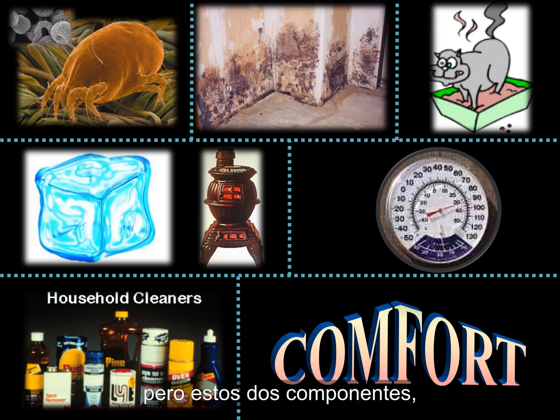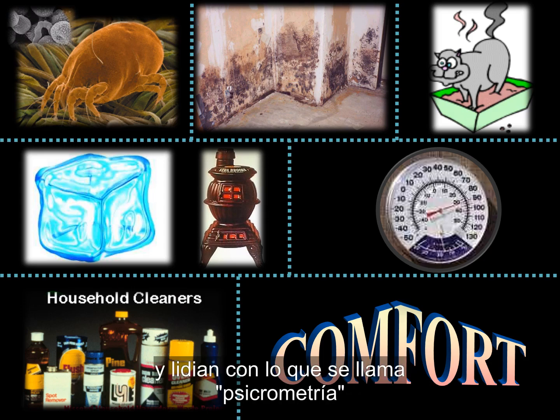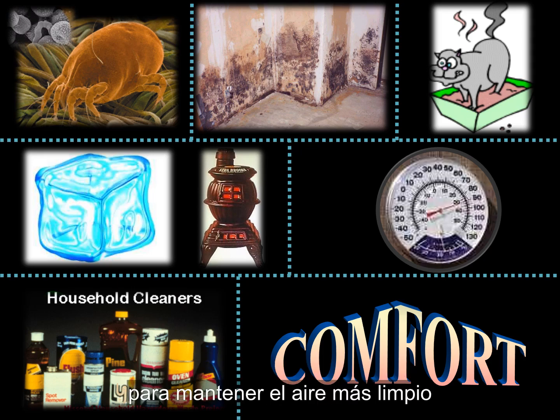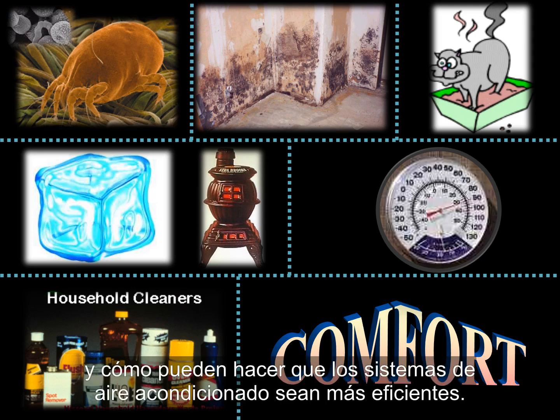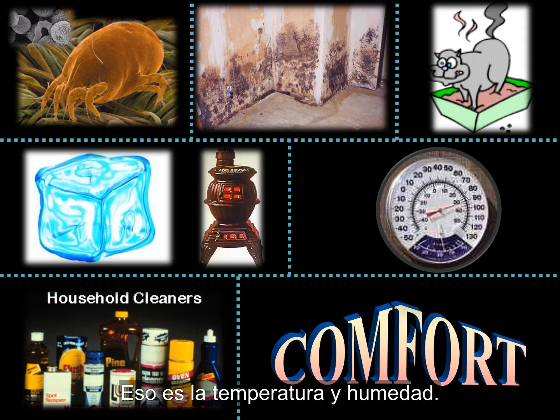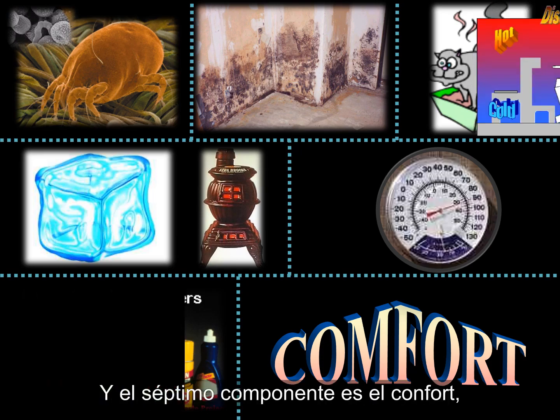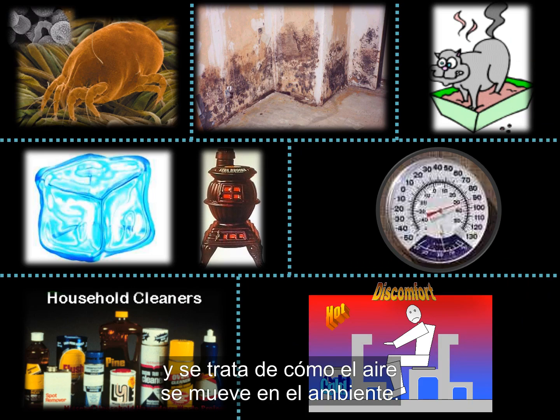But these two components obviously need to be addressed. In the air conditioning industry, they talk about combining these two, and they deal with what's called psychrometrics and how the two actually work in environments to keep air cleaner and how they can make the air conditioning systems more efficient. Temperature and humidity. And then the seventh component is comfort, and that's how air moves in the environment.